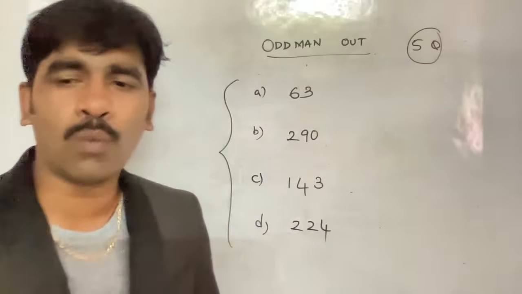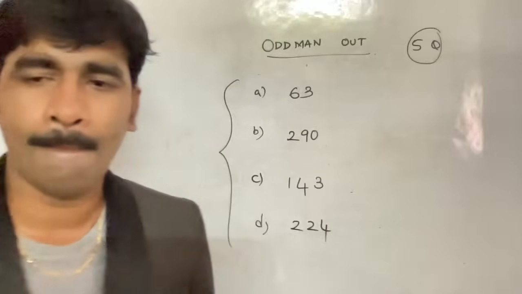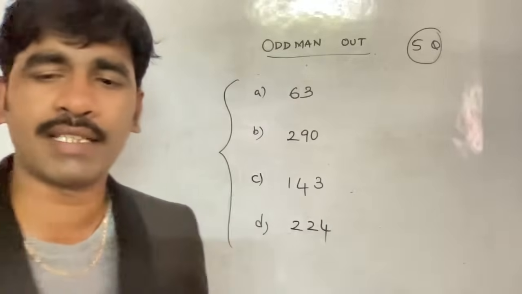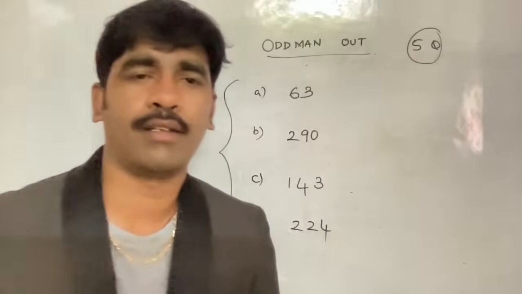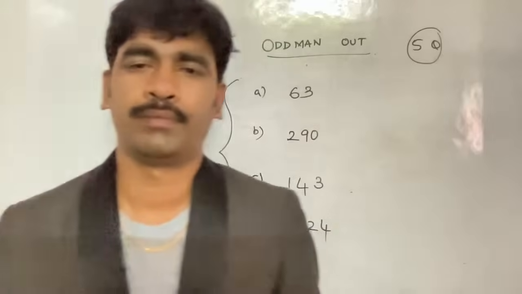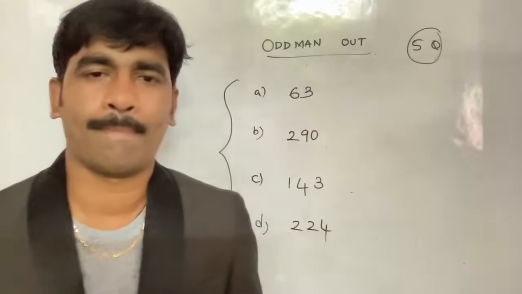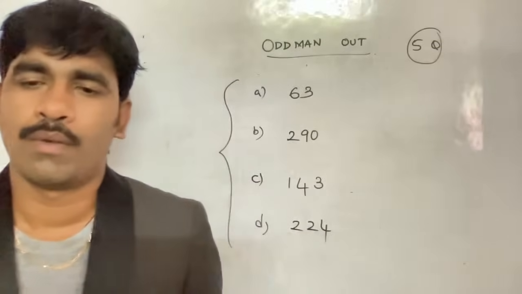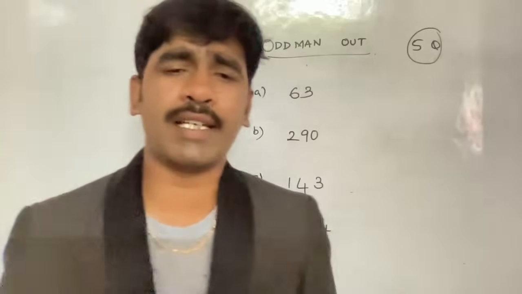Why is it 290? Can you tell me, Sirisha? Some students are saying 290, some students are saying 63. Prithvi, can you tell me why it is 63? Anyone? If it is 63, just mention why it is 63.